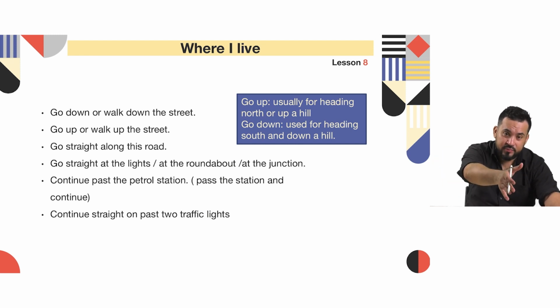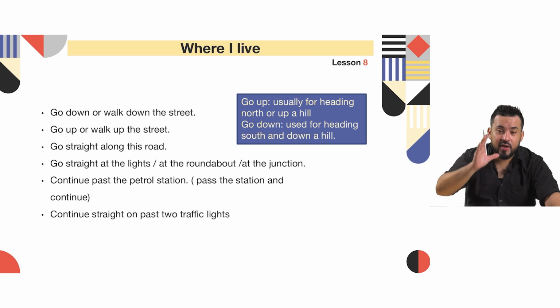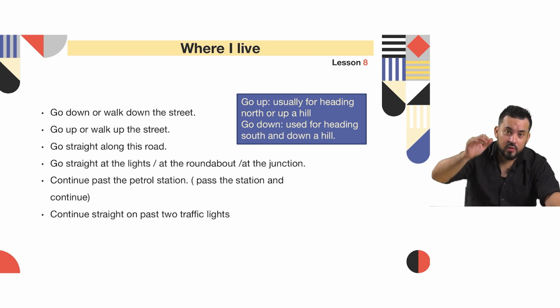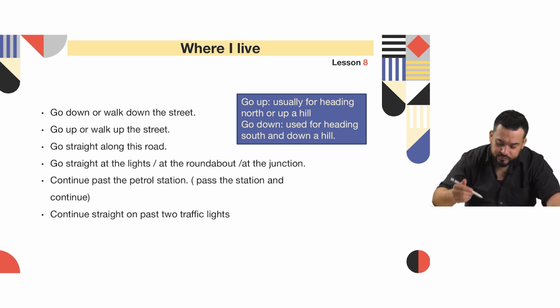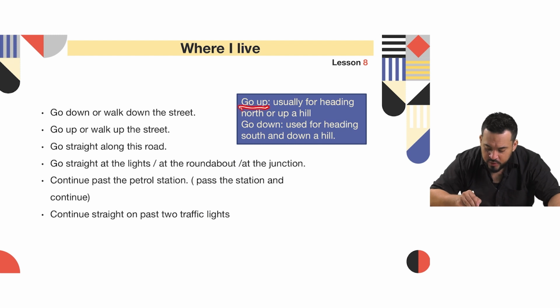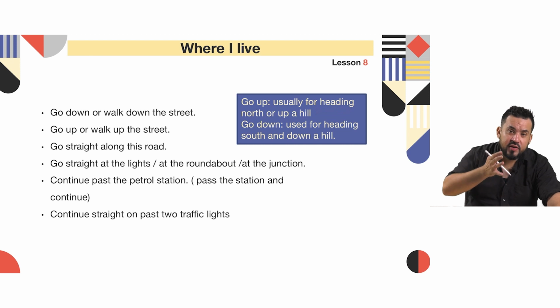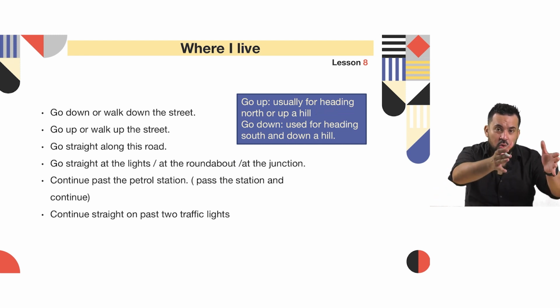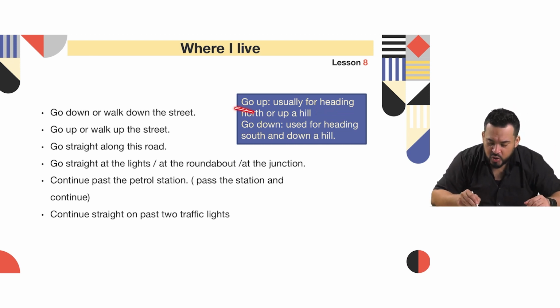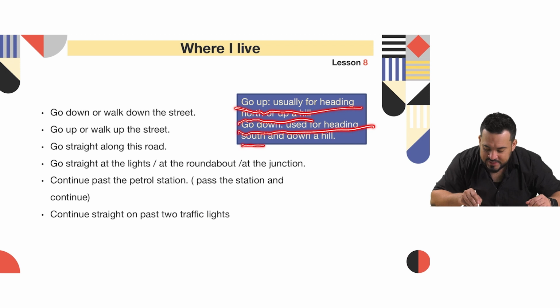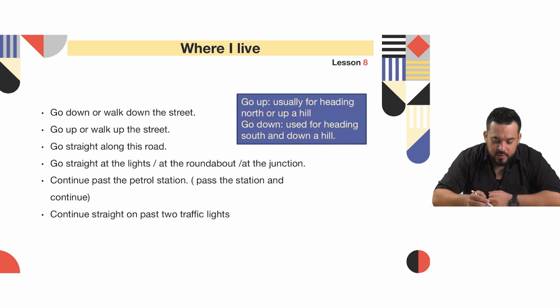If we are heading north or up a hill, we normally say go up. Heading means moving towards. Go up if you're going north or up a hill. Go down, used for heading south or down a hill.